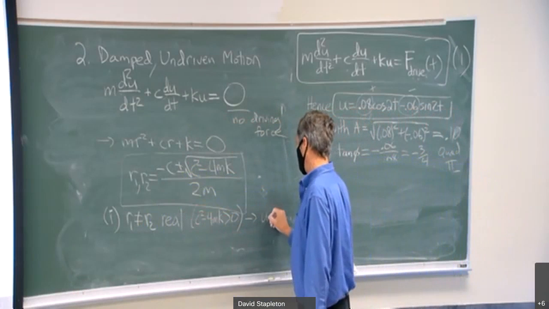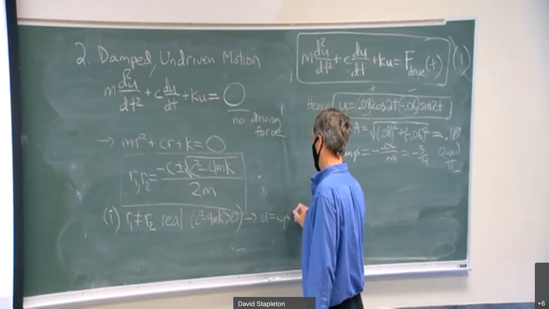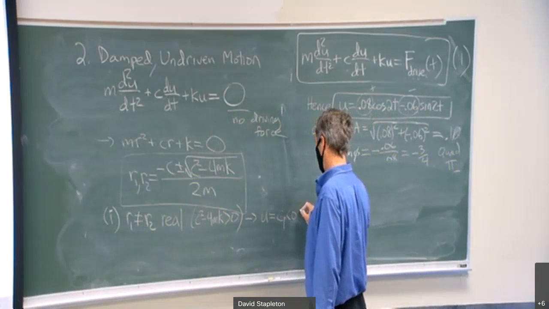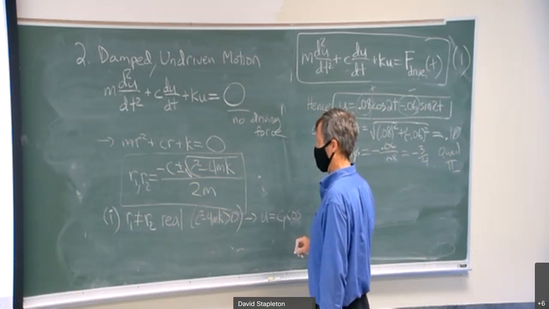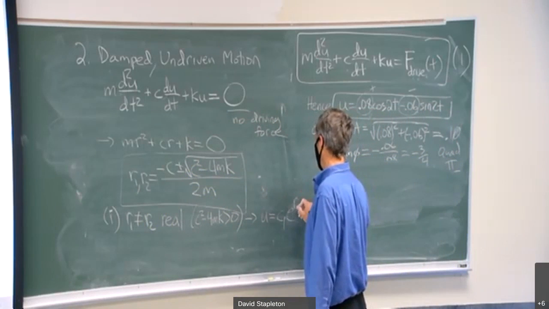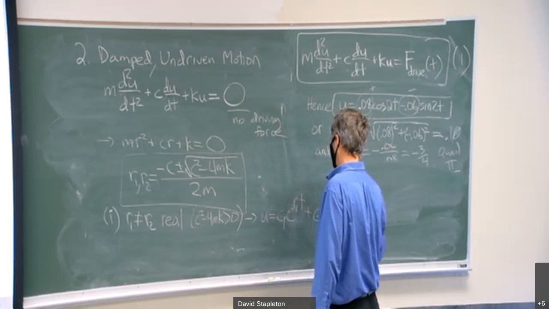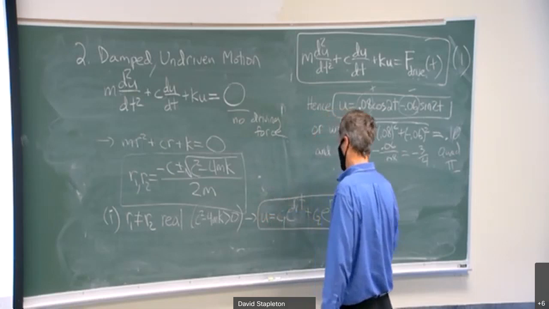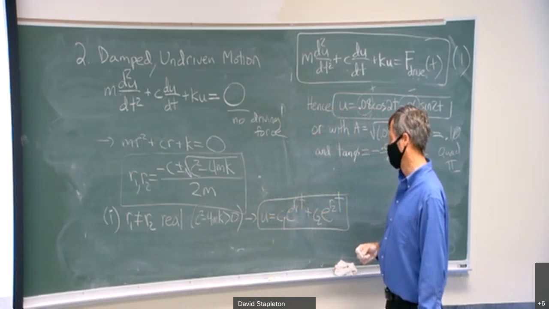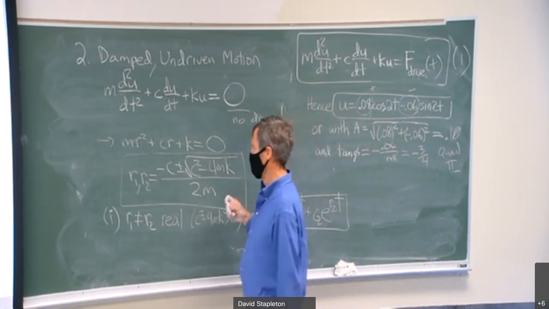The solution is u equals C1 e to the R1 t plus C2 e to the R2 t. There's the solution when you have, remember, 2 real not equal solutions to the quadratic formula.